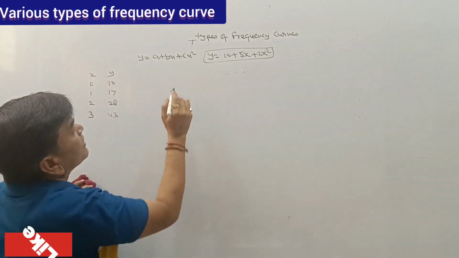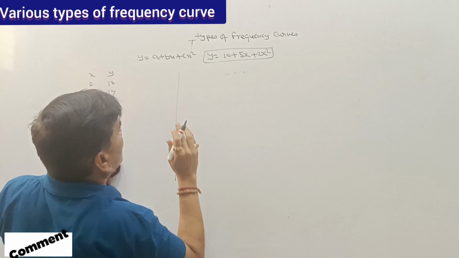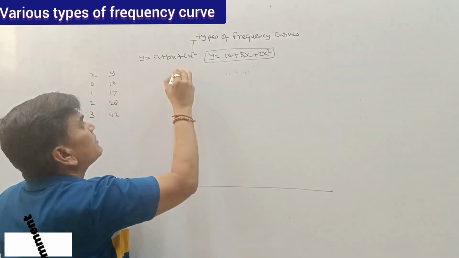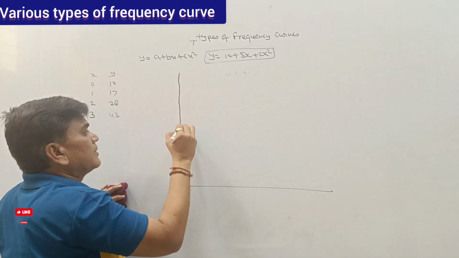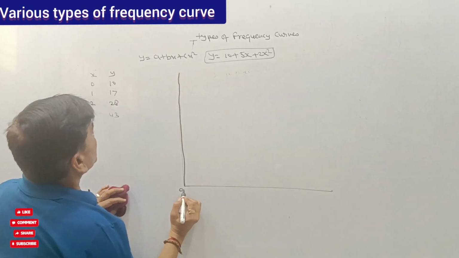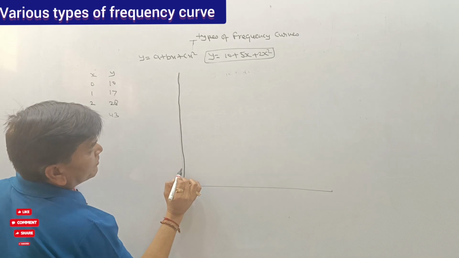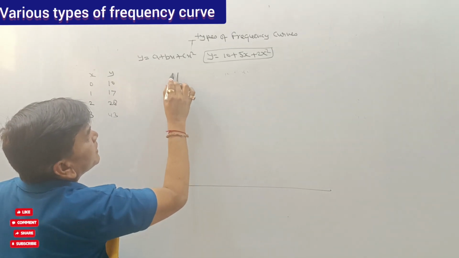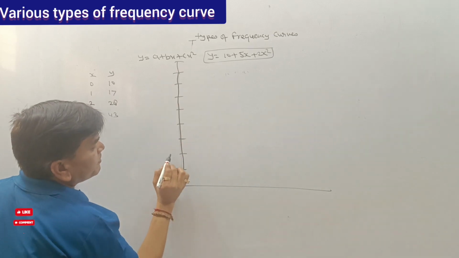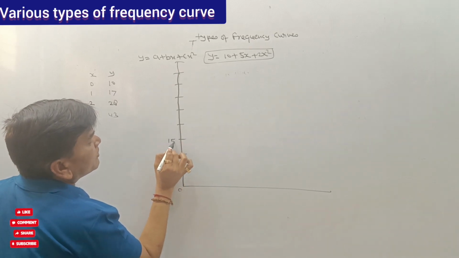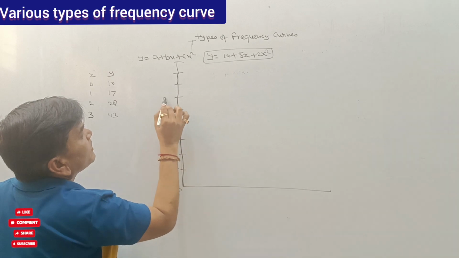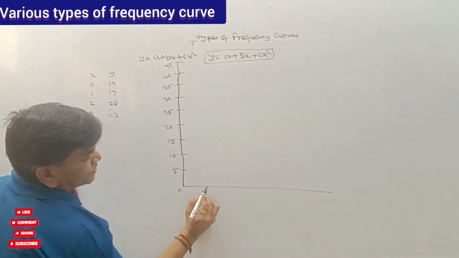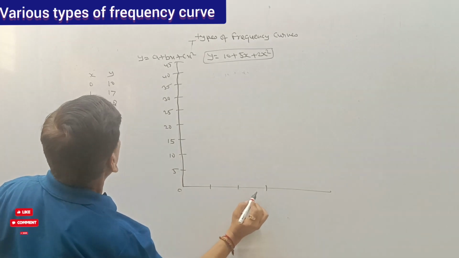You take the values of x on one axis and y on the other, with y marked 5, 10, 15, 20, 25, 30, 35, 40 and 45. x is equal to 0, 1, 2, 3.